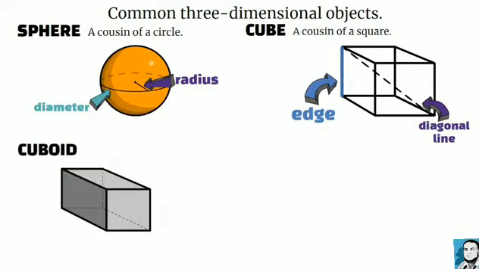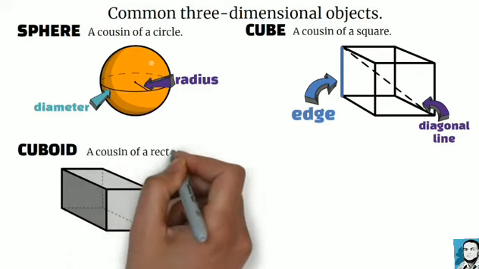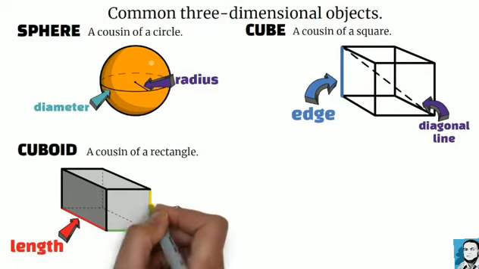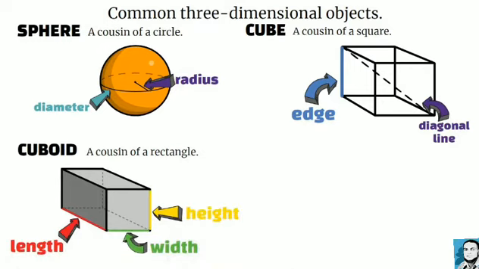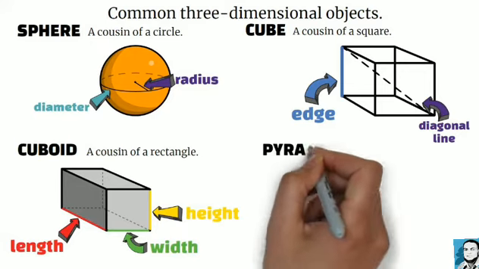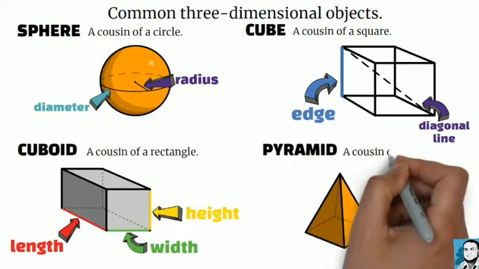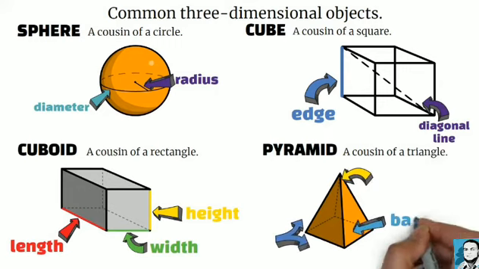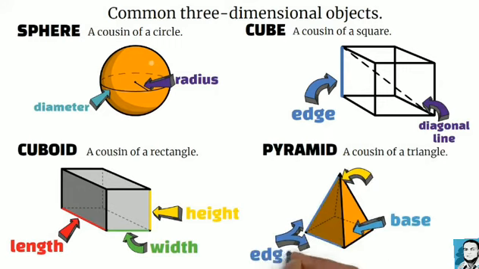A cuboid, a cousin of a rectangle. The most important dimensions here are the length, width, and height. A pyramid, a cousin of a triangle. The most important dimensions here are the base, edge, and height.